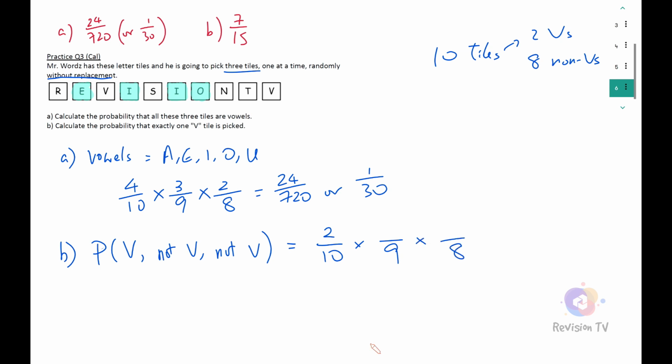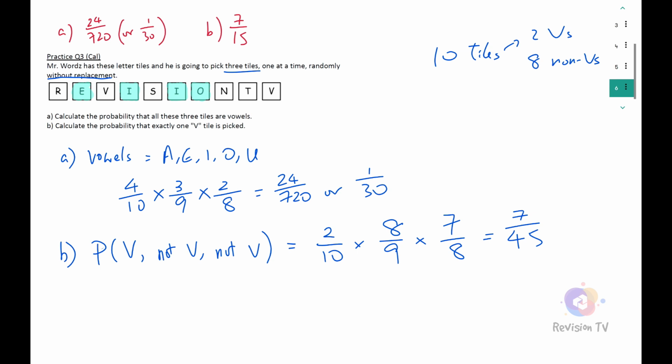So 10, 9, 8, and then there will be 8 non-V tiles. After the second pick, that means we've picked a non-V tile, then we're down to 7 non-V tiles. So altogether, if you put it in a calculator, you get 7 over 45.